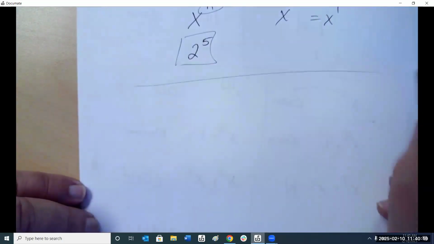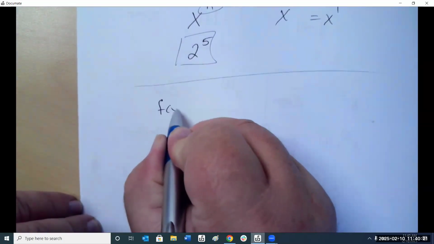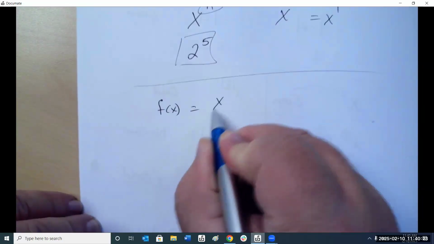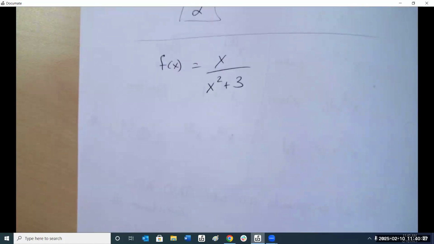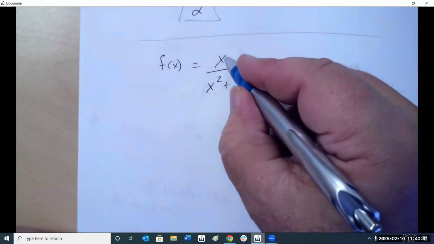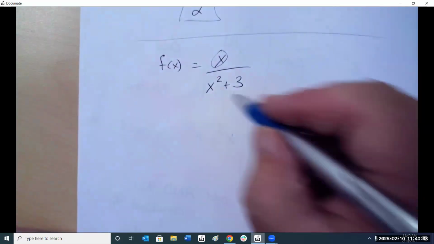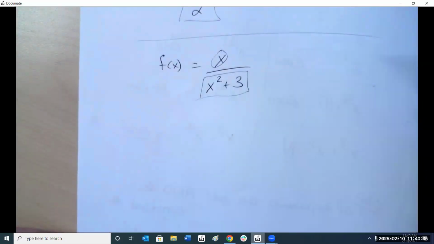Let's look at fractions then. So we know that this is an odd function, and we know that the denominator is an even function. What happens when you put them together?